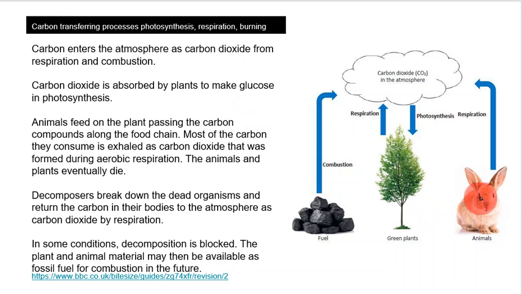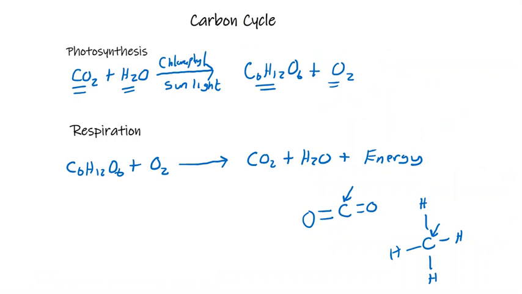So for example, animals go through the process of respiration. So they take in food and they take in oxygen and they burn the glucose and they create CO2. So that CO2 goes into the environment, like what we've mentioned here. Okay, so they're taking in glucose, they're taking in oxygen, and then they're burning the glucose and turning that into carbon dioxide, water, and energy.